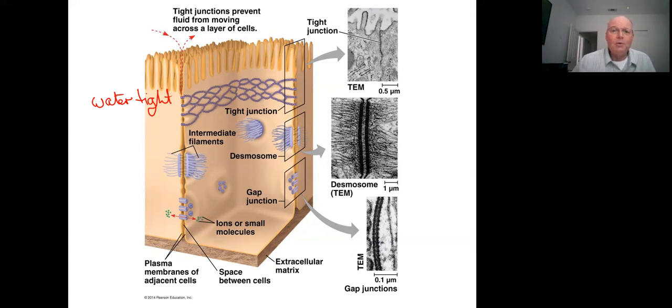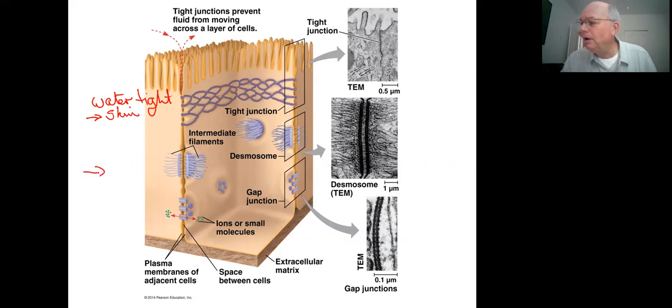Intermediate filaments, or desmosomes, the structural units called desmosomes formed from intermediate filaments, are what anchor cells together. They're not watertight, but they do anchor the cells together. I'll put up here skin as an example.